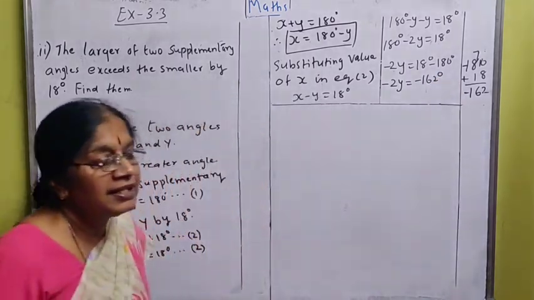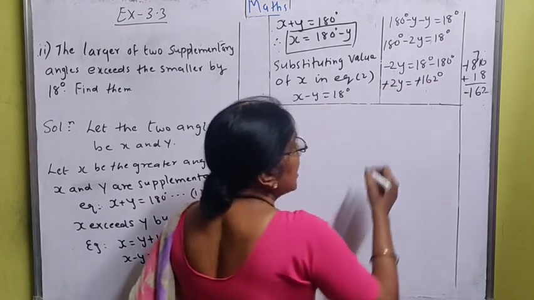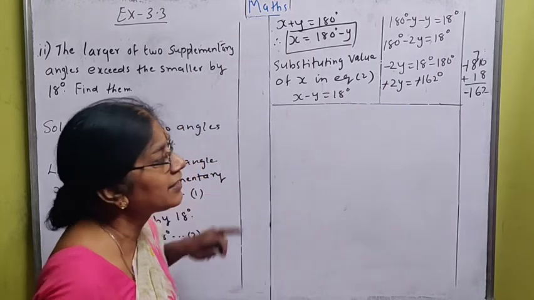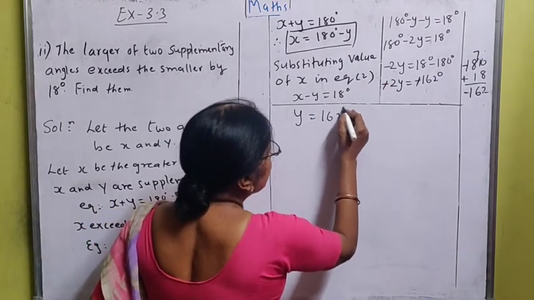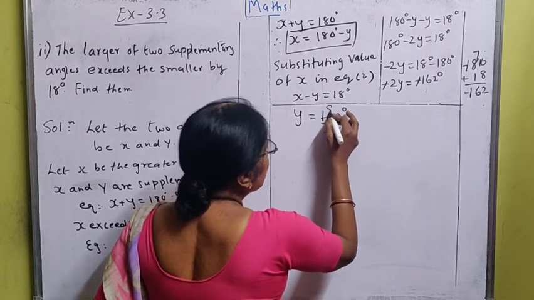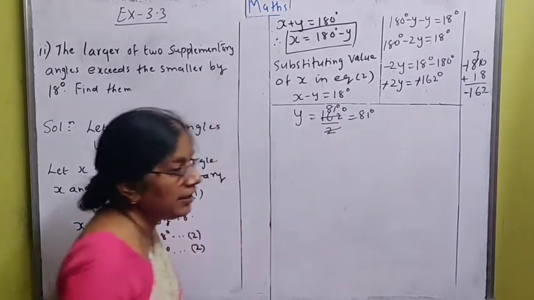On both sides the signs are minus, so the minus signs cancel. Now we have 2y is equal to 162 degrees. So y is equal to 162 degrees divided by 2. If we divide it, 2 8s are 16, 2 1s are 2, so we got 81 degrees.